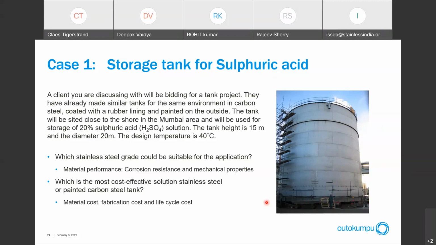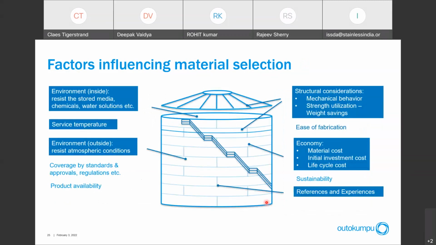assess that part. So, looking at factors influencing the material selection, obviously the environment on the inside, to resist the stored media, is the most important here. Could be a chemical, could be a water solution.